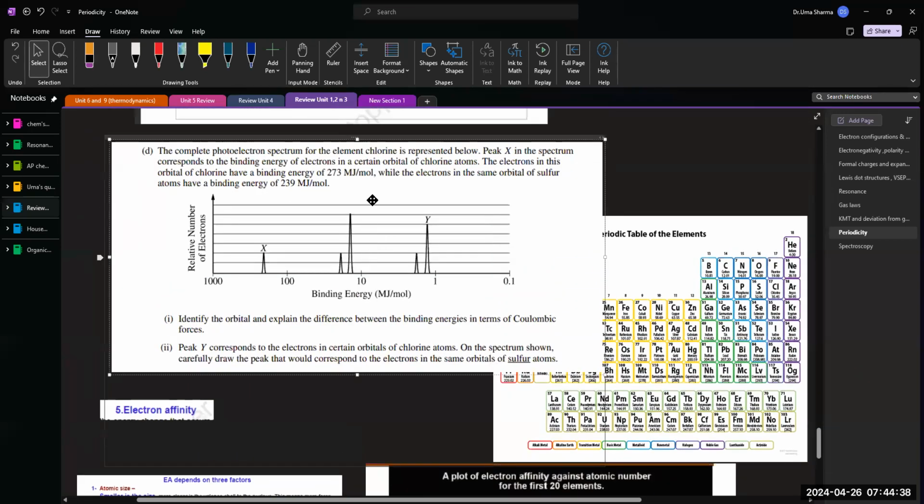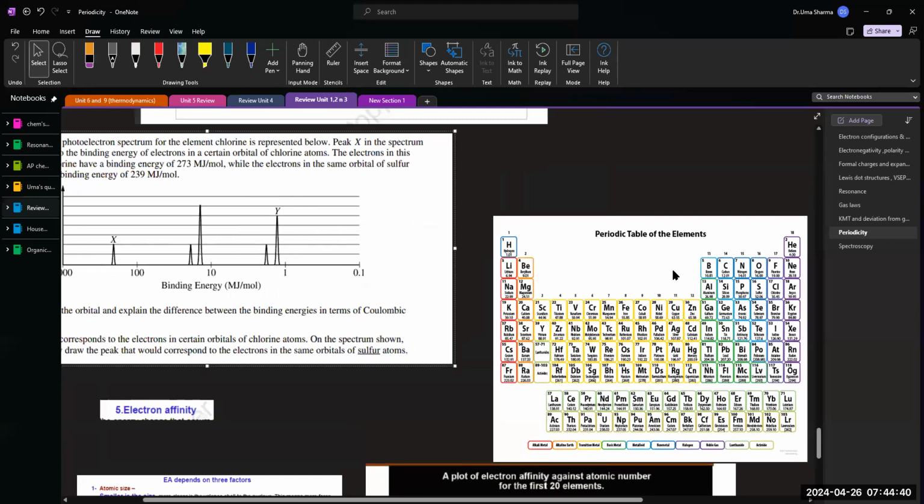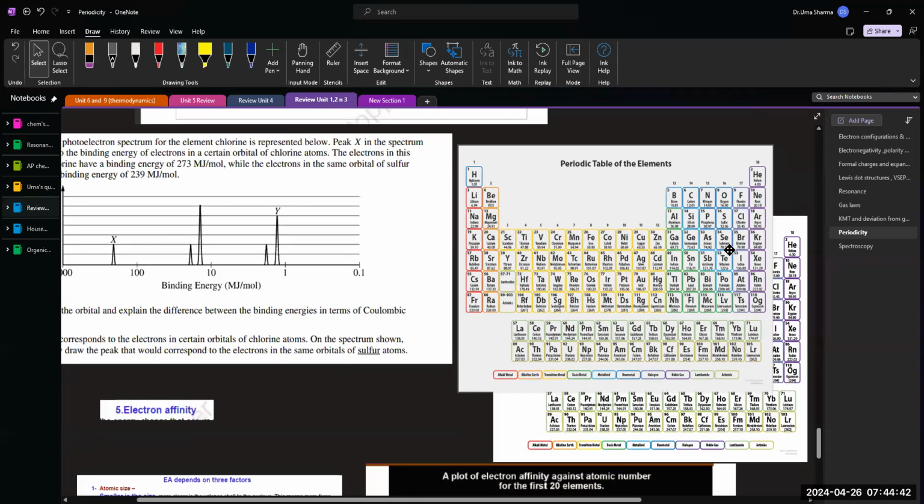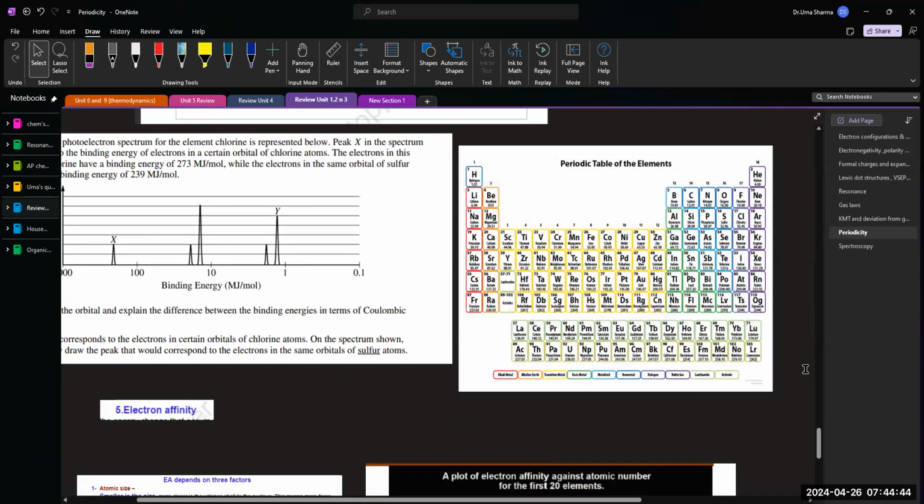One factor is size. Other factor is your stable configuration. Stable configuration, nearly zero electron affinity. If I say magnesium and sodium, which one is going to have more negative electron affinity?